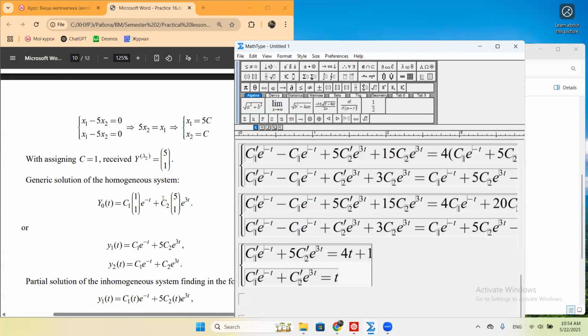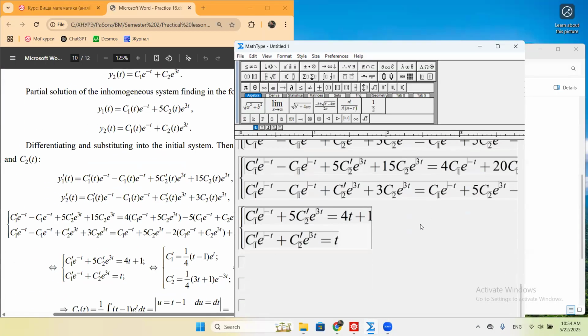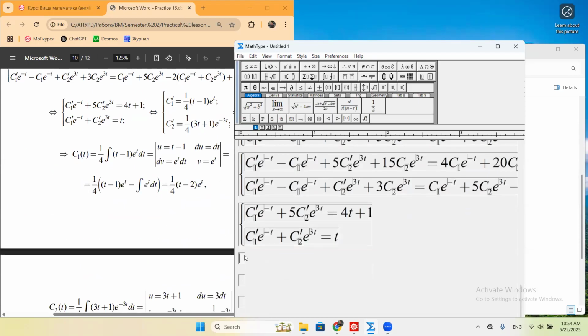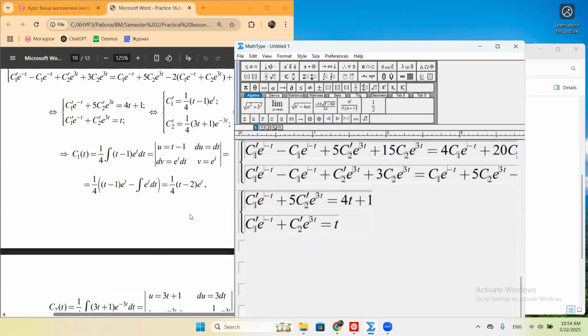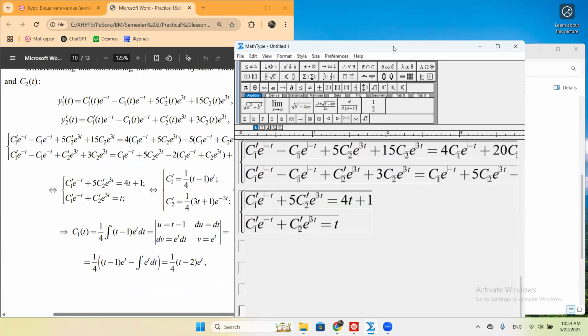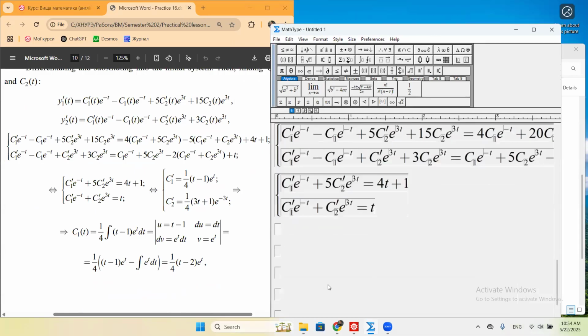Okay, now I will not spend time finding these derivatives of C. I will just find the solution. So C1 prime will be equal, let me write it down here.